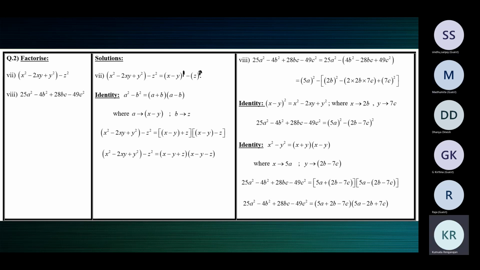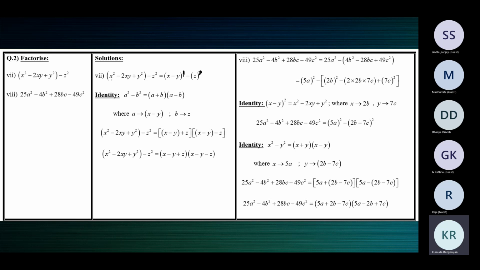Then what is b square? Z square. Yeah, z square. What is a square? X minus y the whole square. What is a? X minus y, ma'am. All of us get that? Yes, ma'am.